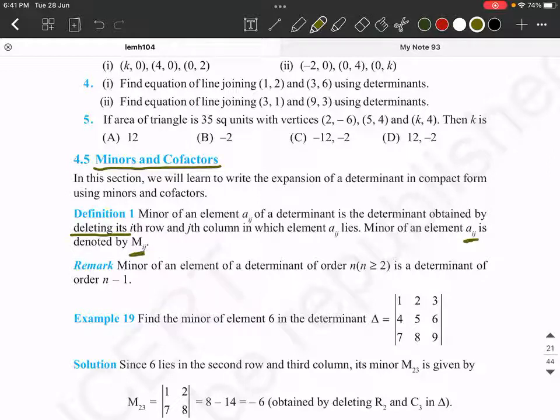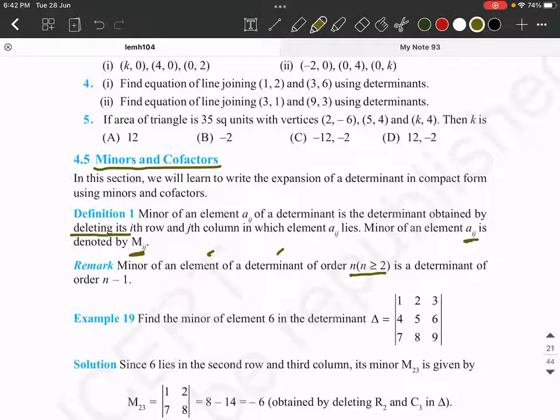Okay. There is a remark that is given. The remark is about the minor of an element of a determinant of order. The minimum order is what? The minimum order for which you can define this. You need a 2 cross 2 matrix for you to define a minor. Because for 1 cross 1, what is the determinant?